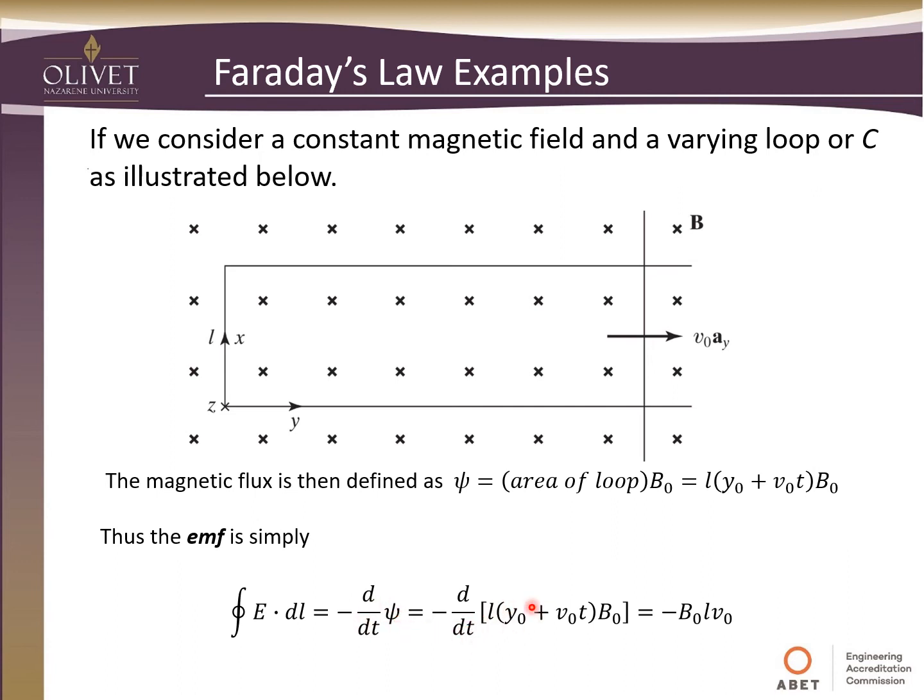So if we take this derivative with respect to time, the only thing that varies with time is this portion here. So we're left with that. We've got it times the L and times the B naught. So this is what falls out. So this will be your voltage at any instant in time if you were to measure it across there while the wire is moving.